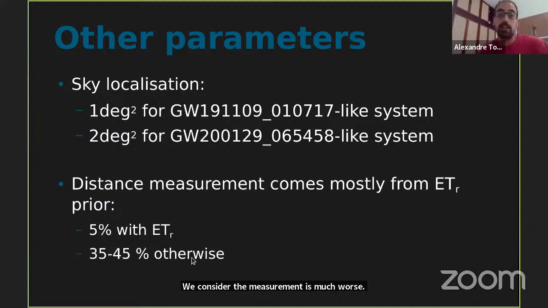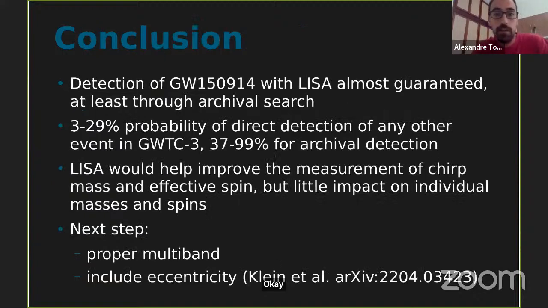Okay. So as a conclusion, here I've shown that the detection of GW190914 with LISA would have been almost guaranteed, at least through archival searches. However, if we look at the rest of GWTC-3, it's rather unlikely that we would have detected any other system directly with LISA.